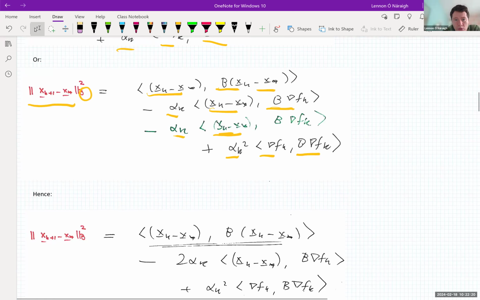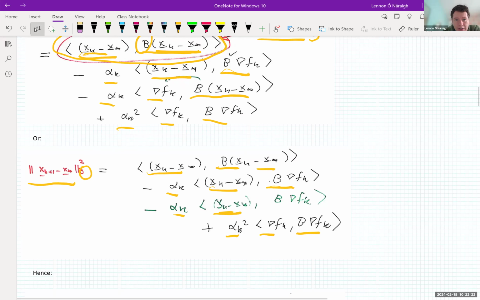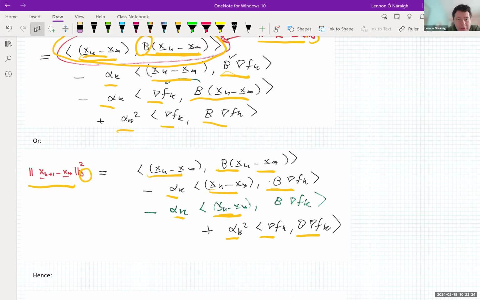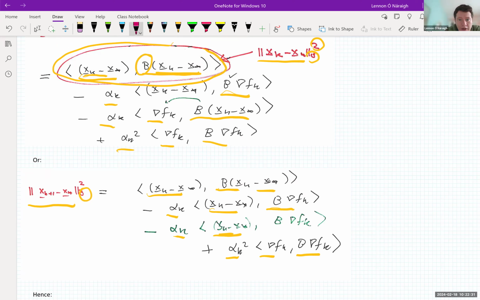So what I'm doing here, actually kind of skipped over it a little bit. Going back up, I have the B here, and it's actually a symmetric matrix, so I can bring it over, and it's B acting on grad f, and this is because the dot product is symmetric.